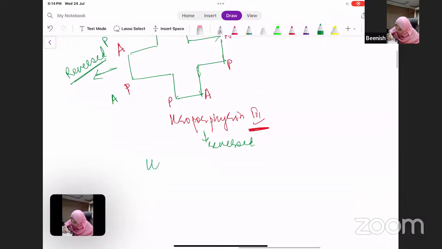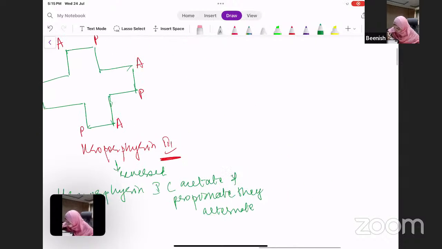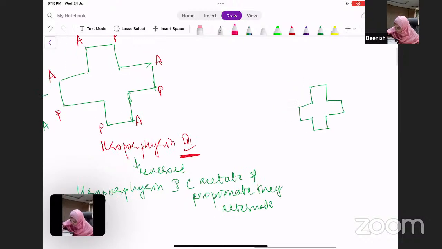And in uroporphyrin 1, your acetate and propionate alternate. That is, if I draw the structure of uroporphyrin 1, it is going to be like this: AP, AP, AP, AP.